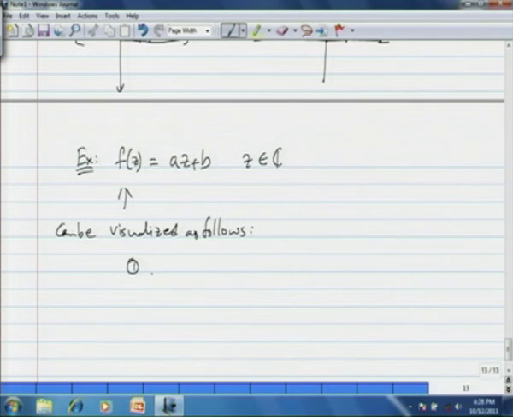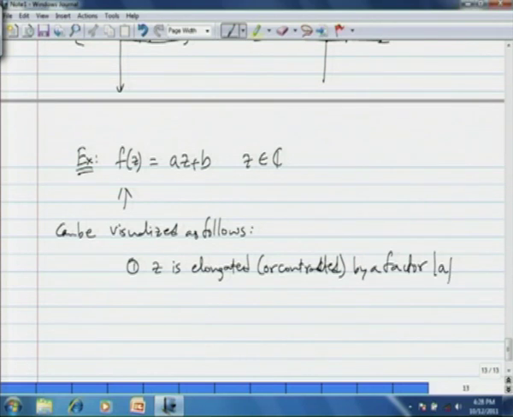The first of the actions is z is elongated or contracted by a factor, the modulus of a.